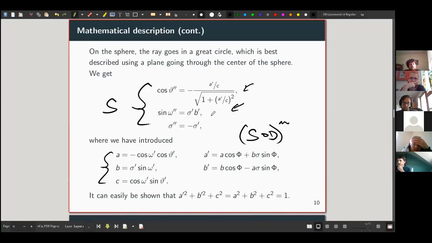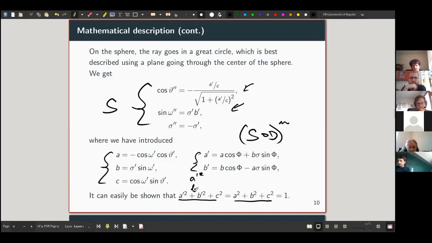First of all, we will show that the squares of those A's, B's, and C's add up to 1, which is really simple to show. And it's so simple that I can do it right here. If you look at those two, A prime and B prime, and take squares, then it's quite obvious that the middle part will just subtract.